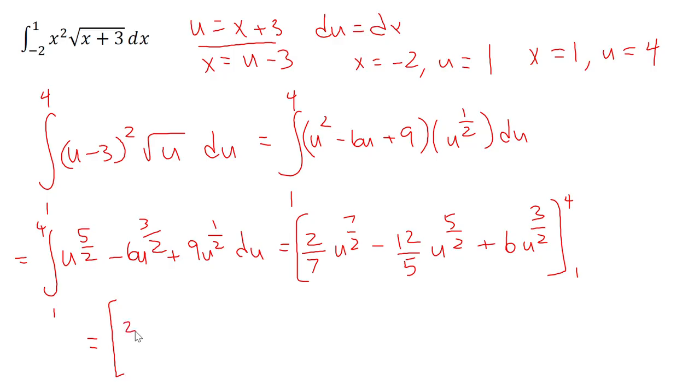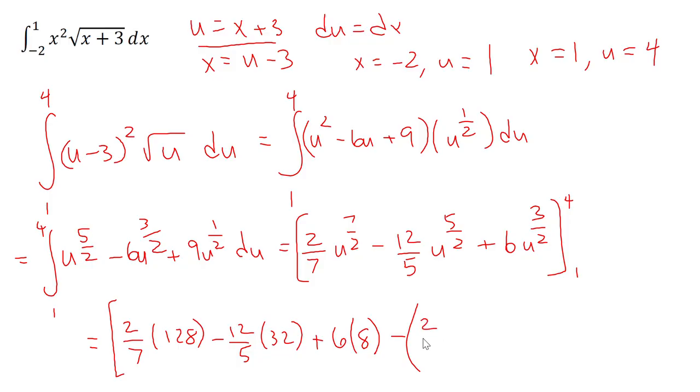So we have 2/7 of 128 minus 12/5, and then we'll do 2 to the 5th power. So that's 32, and then plus 6 times 2 cubed, so 6 times 8. And then we're going to subtract from that all of these things evaluated at 1. So that would be 2/7 minus 12/5 plus 6.